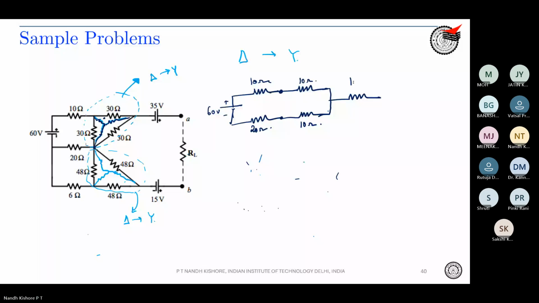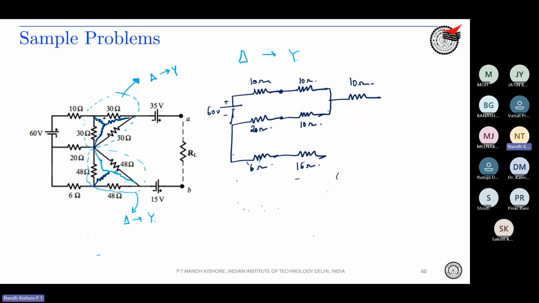Similarly, if you go down, there is a 6 ohm resistor, and from the 6 ohm there is this resistor. What will that resistor be? 48 by 3, which is 16 ohms.